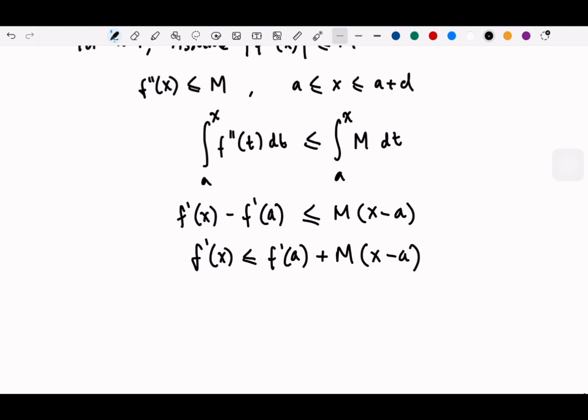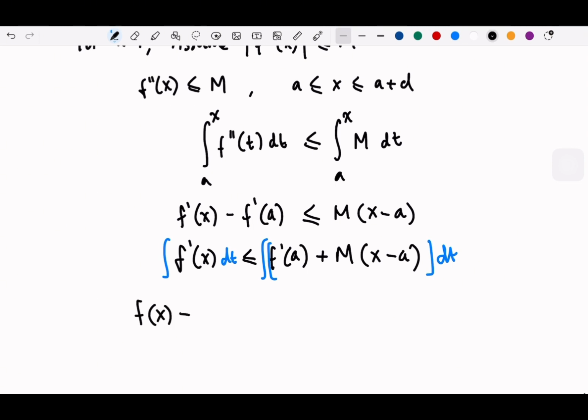If we take integration with respect to dt, we are going to get f of x minus f of a, from a to x.